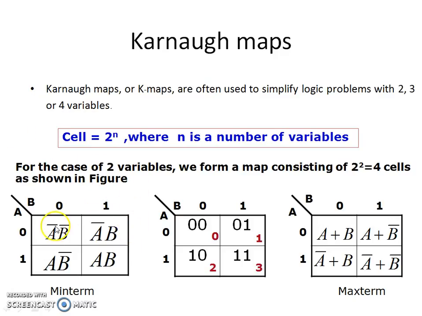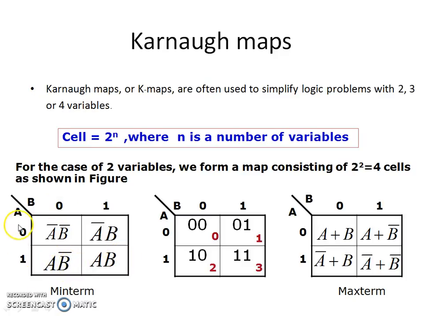The first cell is where a is equal to 0 and b is equal to 0, so we can represent it as a bar, b bar. The second cell is where a is equal to 0 and b is equal to 1, so a bar, b. The third one, a is equal to 1 and b is equal to 0, so a b bar.